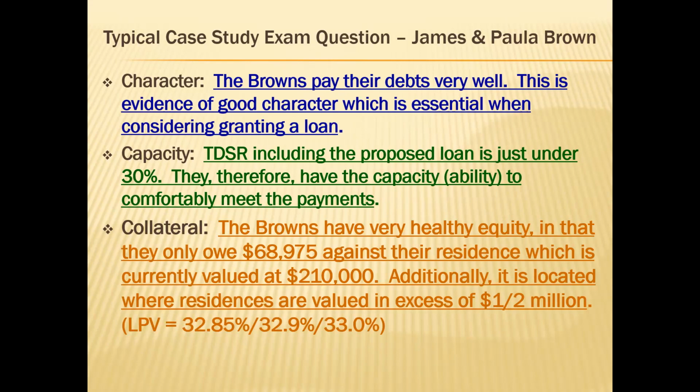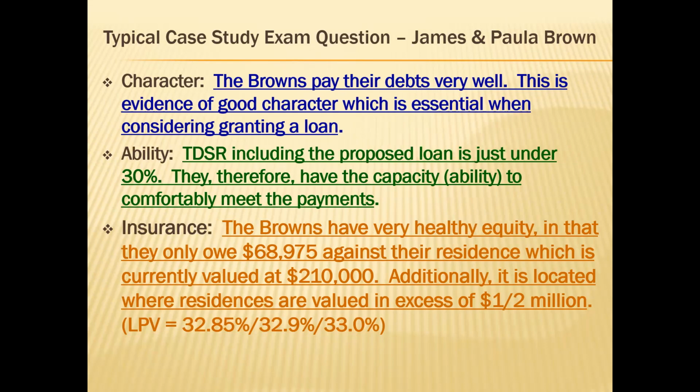They have very healthy equity, because they only owe 68,000 against a $210,000 value. It's located where residences are valued in excess of half a million, and the LPV is excellent at just under 33%. So that's using the credit series.